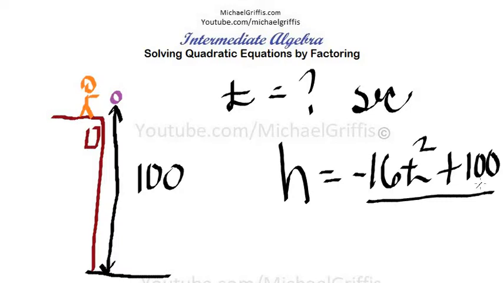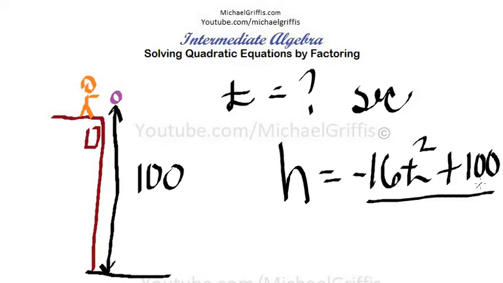When we plug a number in for t, for example, when t is 0, negative 16 times 0 is 0, plus 100 is 100. So at time 0, the ball is 100 feet from the ground. Now we're dropping it straight down, and we're just dropping it. We're not throwing it down. Then it's a different problem.